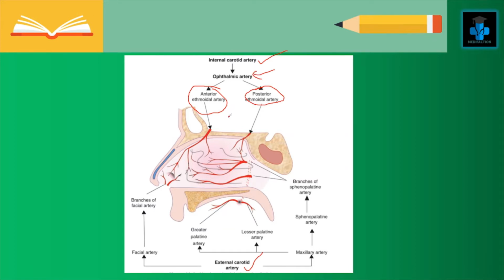Moving on to the external carotid artery system, we have blood supply from the posterior lateral nasal branches, the greater palatine artery, right here, the lesser palatine artery, right here, and also the nasal branch of the anterior superior dental artery. We also have the facial artery, which gives branches that supply the nasal vestibule, and also the sphenopalatine artery from the maxillary artery right here.